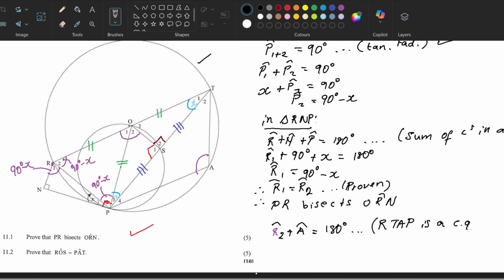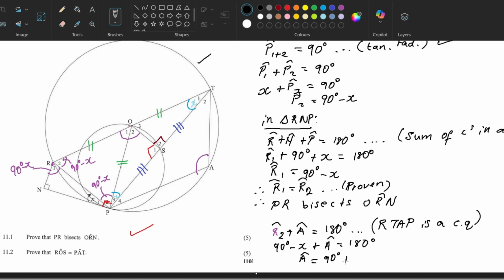And then we know that R2 is equal to 90 degrees minus x. And then angle A, that's what we are looking for. And then we do our math. So remember, when we transpose, this 90 is going to go to the 180. So you are going to say 180 minus 90, you are going to get 90. And then this x, when you transpose it to the other side, is going to be positive x, isn't it?